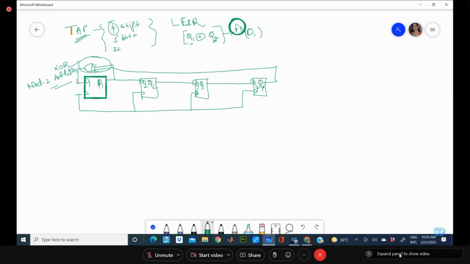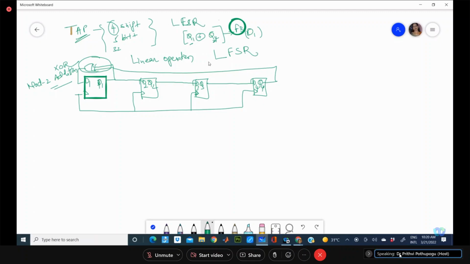That means we are trying to perform a linear operation, so that's the reason it is linear. We are taking a feedback, and this is a shift register. So LFSR is a name derived based on its function. The other way is that the patterns that are generated are pseudo in nature, so pseudo-random pattern generator.